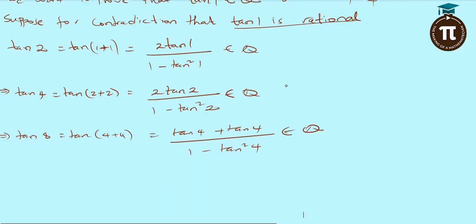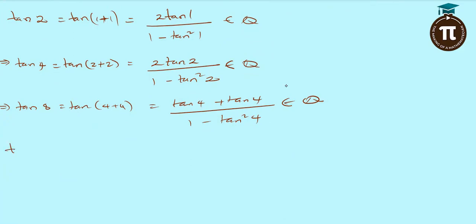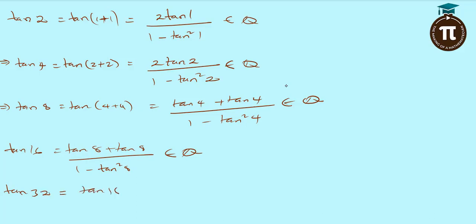So if we go on like that, tan16, which is equal to 2 tan8 all over 1 minus tan square 8, will also be rational. Then it follows again that tan32 will be 2 tan16 all over 1 minus tan square 16, which will also be a rational number.